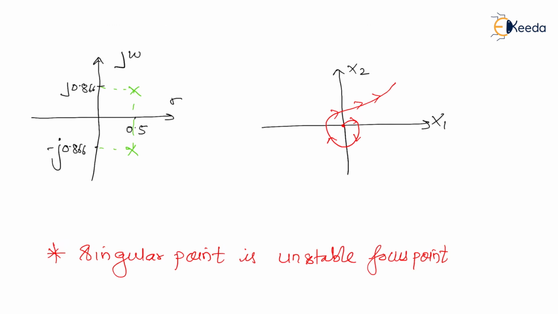For μ equal to 0, it was a center point. For μ equal to minus 1, it was a stable focus. And for μ equal to plus 1, it becomes an unstable focus. So three different values of μ have been taken into consideration. For the second problem, students are expected to solve the problem for the same cases, μ equal to 0, plus 1 and minus 1, and tell me what the answer is.